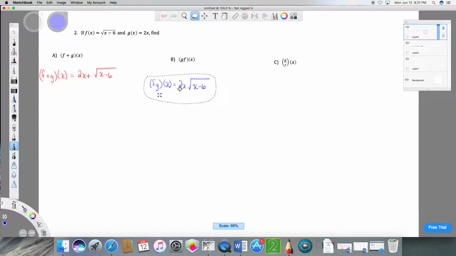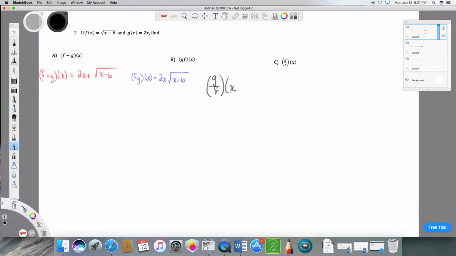In part C, we have division. We want to divide these two functions. We could have called this new function something like h, but calling it g over f gives us a clue as to how to build this function. So we take this function g, divide it by the function f.